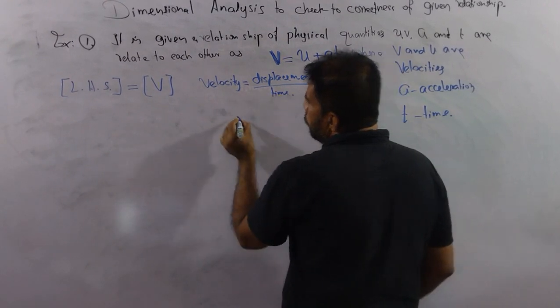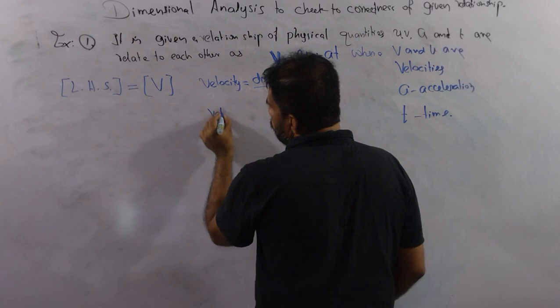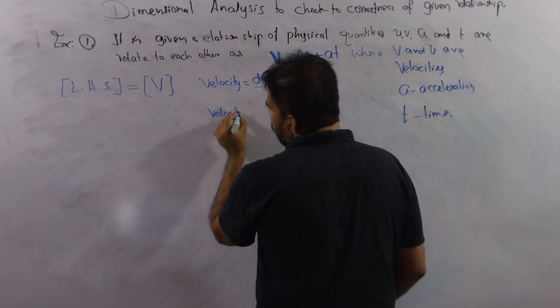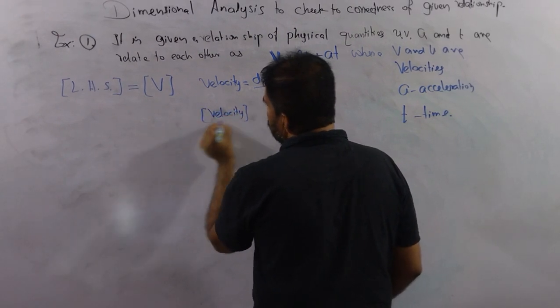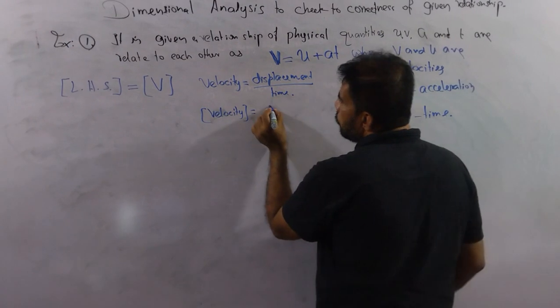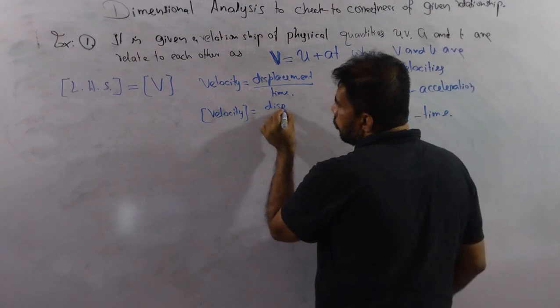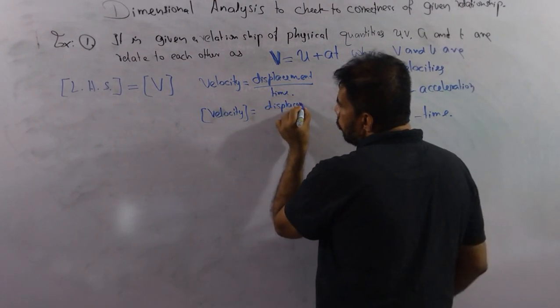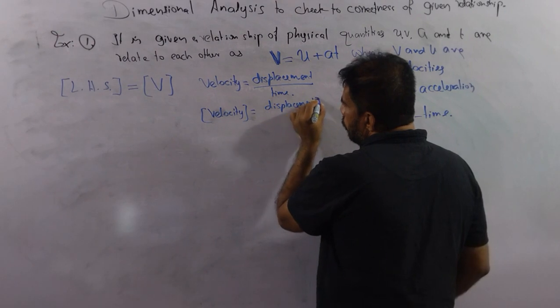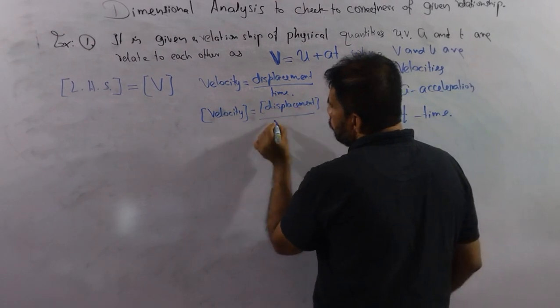So the dimension of velocity equals the dimension of displacement over the dimension of time.